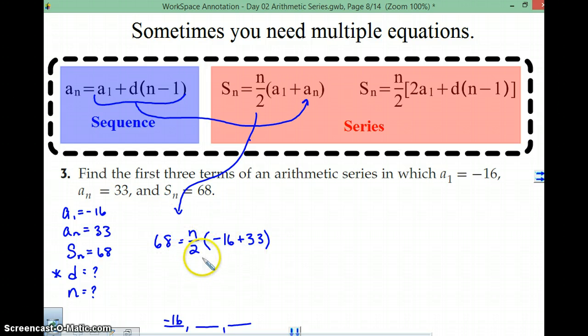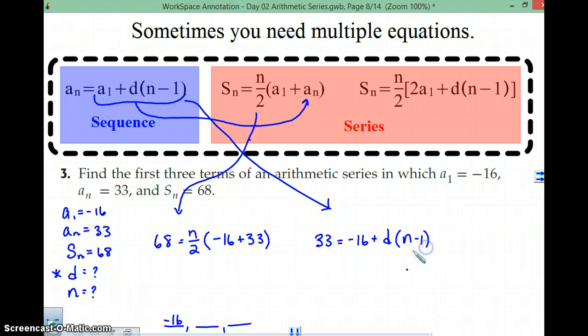What do I do with that? I could solve for n, but that's not really what I'm looking for. So let's try another equation. Let's try this one. A lot of arrows going around here, huh? There we go. Let's try this equation. I've got a sub n, well, that's 33, is equal to a sub 1, negative 16, plus the common difference, that's what I'm looking for, times n minus 1.